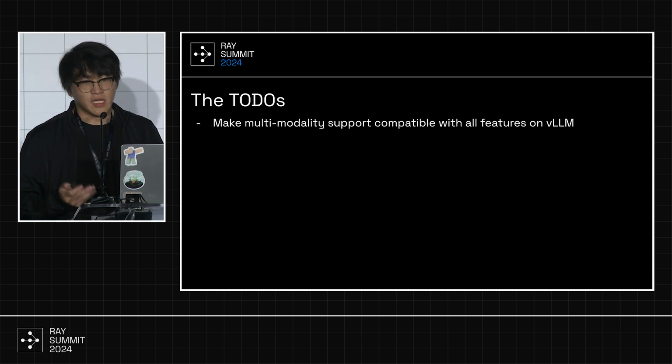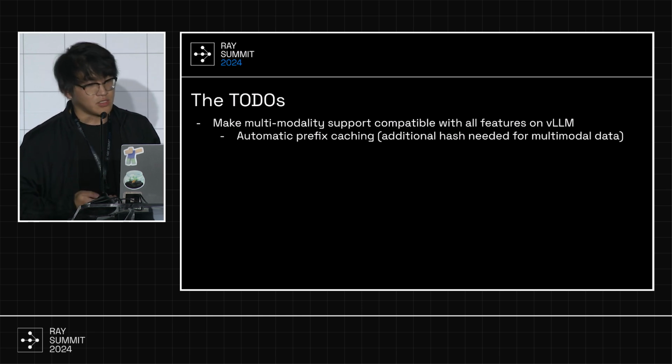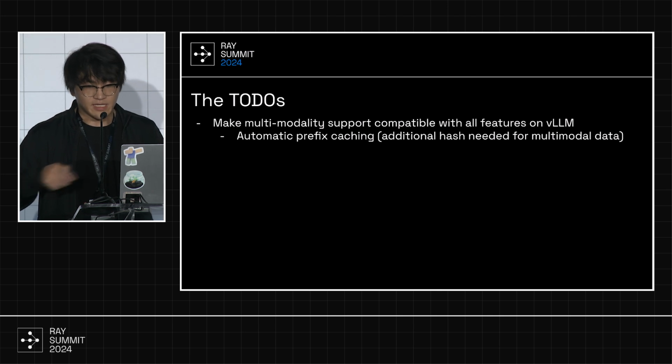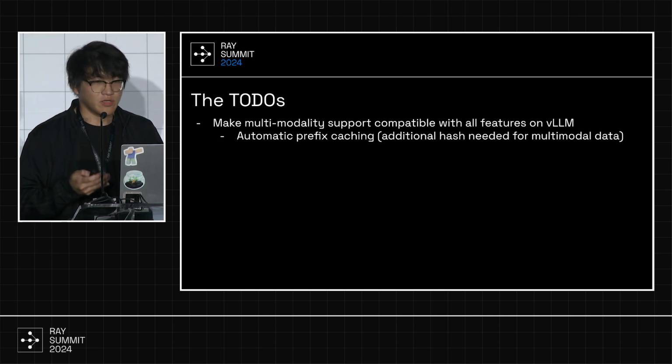So what are the to-dos? First of all, we want to make multimodality support compatible with all the features in vLLM. First one is automatic prefix caching, which Johan talked about in the last talk. Right now, prefix caching is done at the token ID level. But for image input in particular, the token IDs are identical no matter what image you're sending.